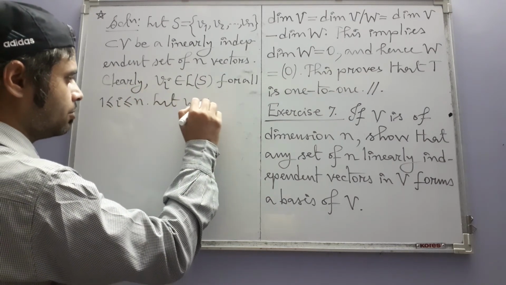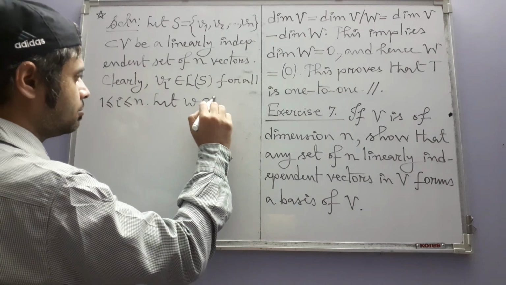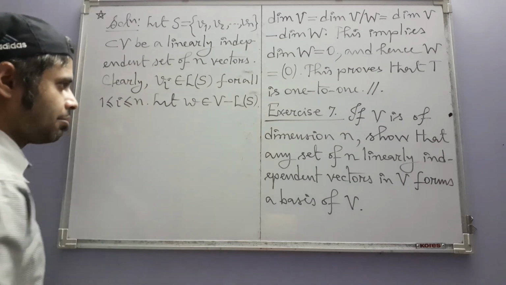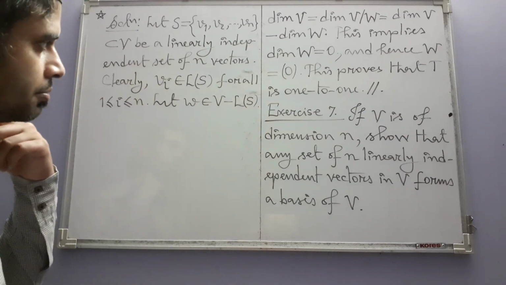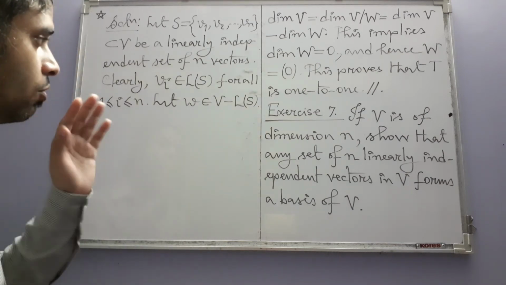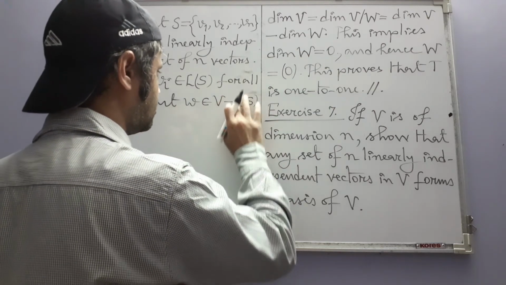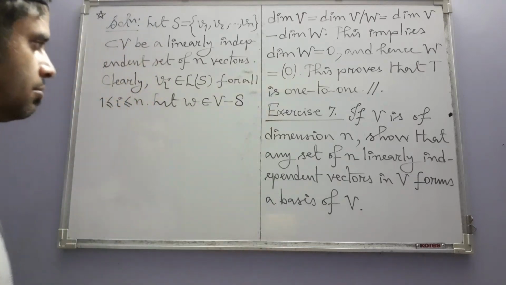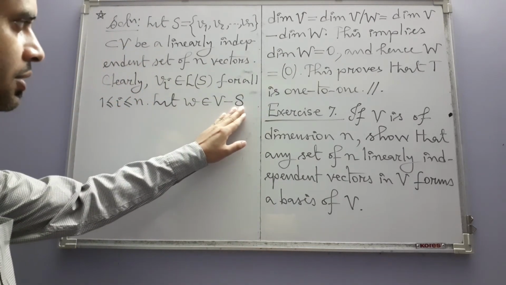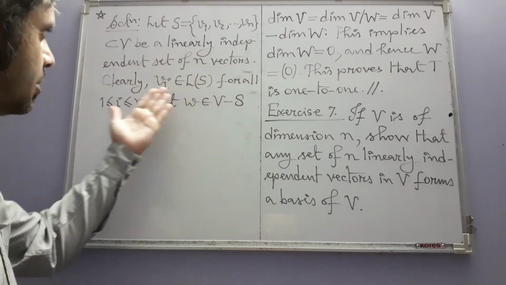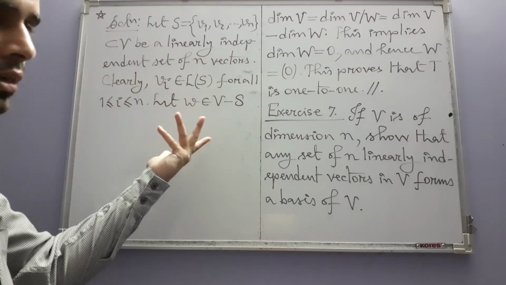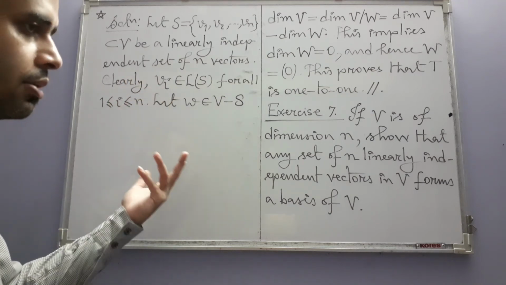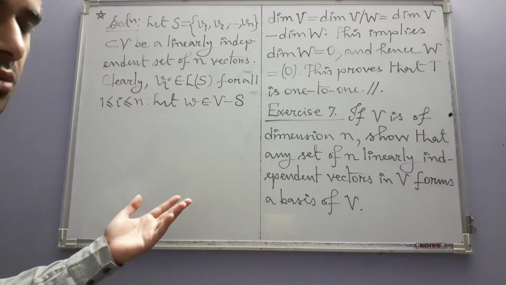So let W belong to V minus L of S. If it happens that this S itself is all of V, then fine, you have just simply the fact that S spans V, because S is in fact all of V in a trivial manner.